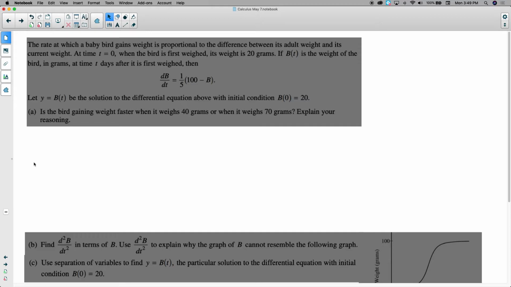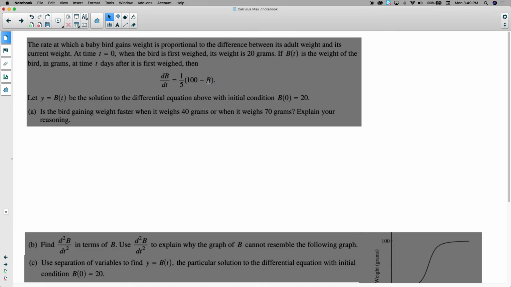So it does say that the rate, this is the rate of change of the weight of the bird with respect to time, is proportional. This is a constant of proportionality here, and it's proportional to the difference between the adult weight. So now I know the adult weight of the bird is 100 grams, and the current weight of the bird.